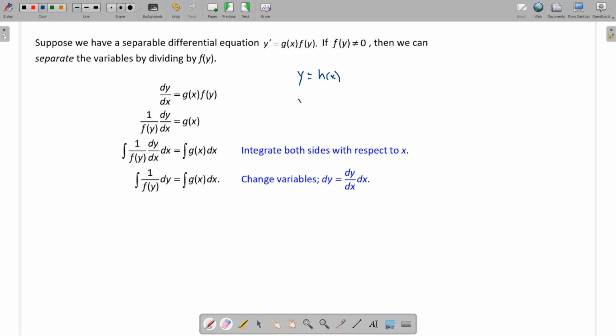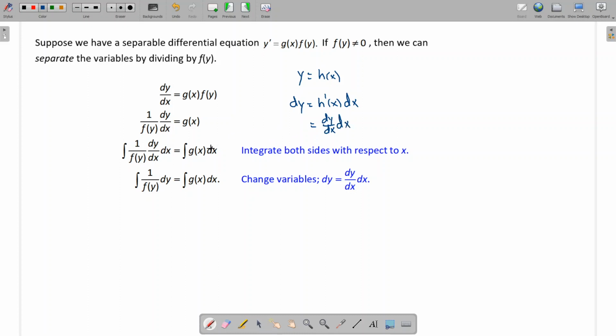Then the differential of y, if we remember, dy is defined to be h prime of x dx. But h prime of x could also be written as dy dx.